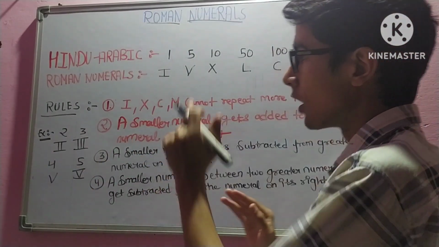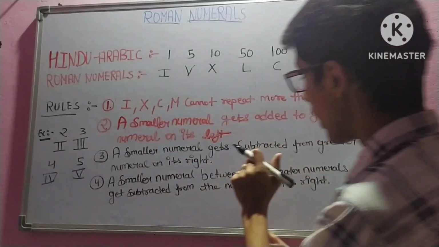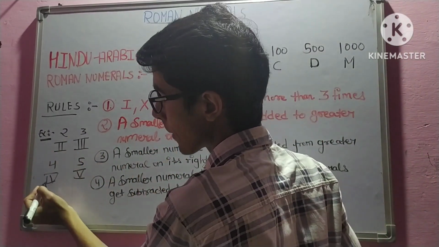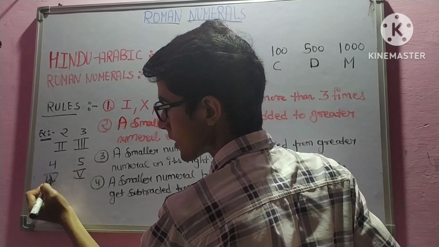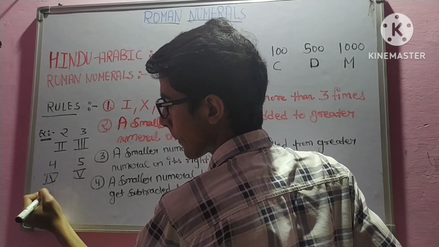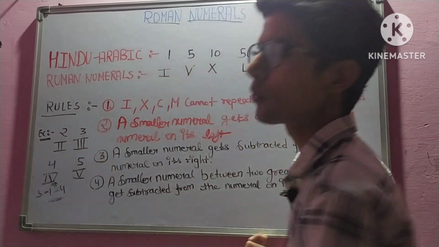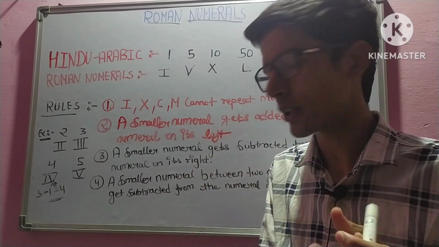The smaller numeral, which is 1, gets subtracted from the greater numeral on its right. The right portion we represent I and the greater numeral is V. So we have to subtract, 5 and I means 1. So this is 4. So these are the basic rules that you have to learn before changing Hindu Arabic numbers into Roman numerals.